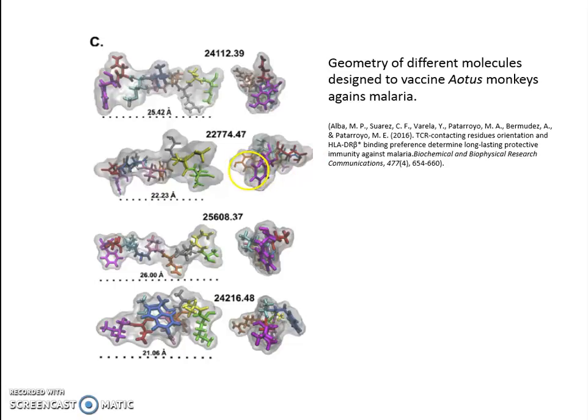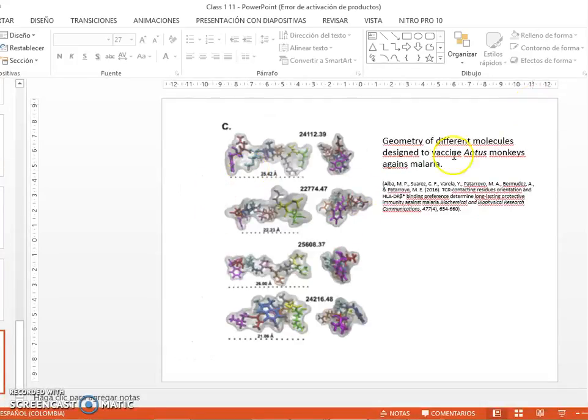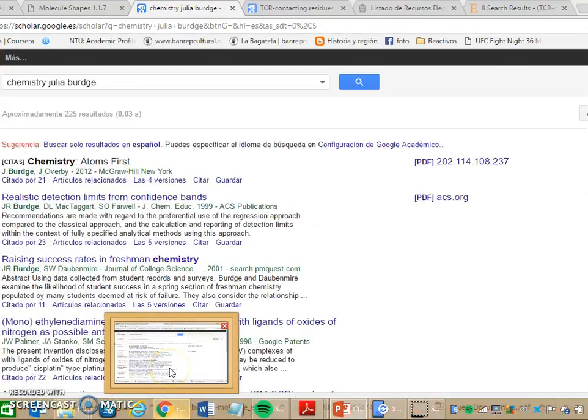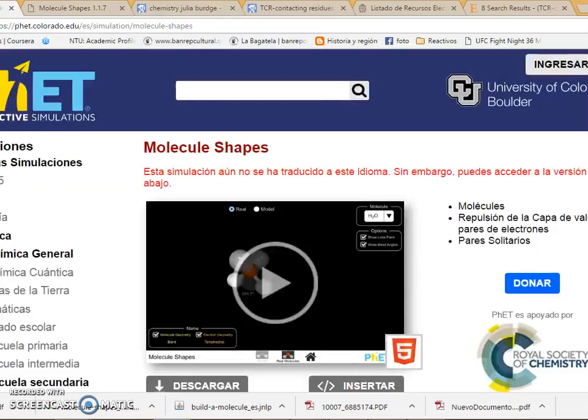Okay, we don't have enough time in this video, but in another video we will see how the molecule shapes are determined in a program. So here is a page named PhET from the University of Colorado that allows us to make many simulations.